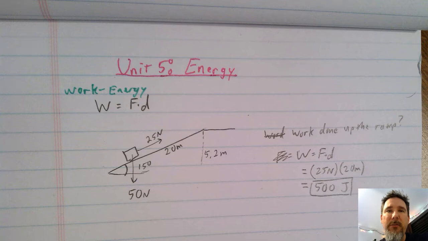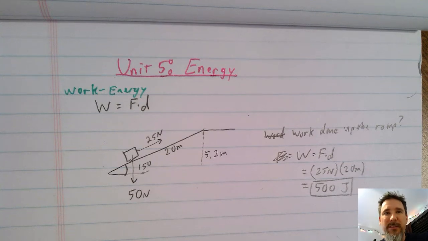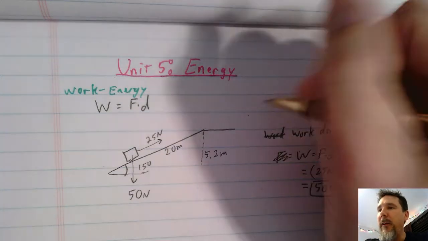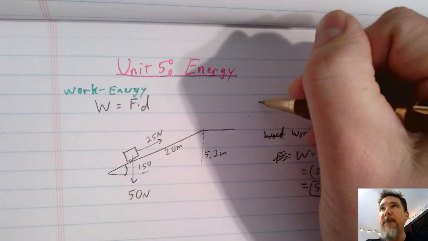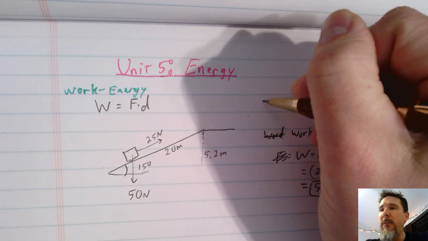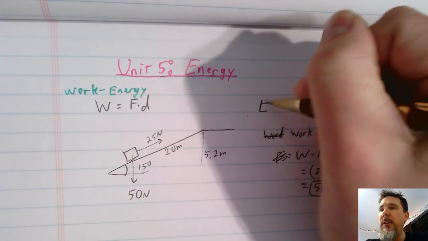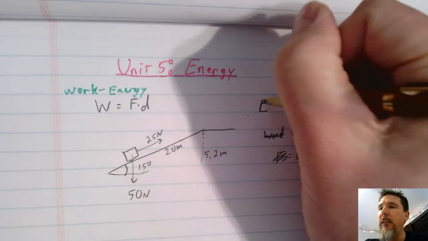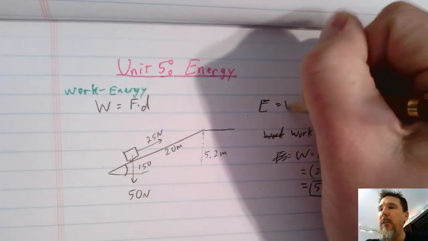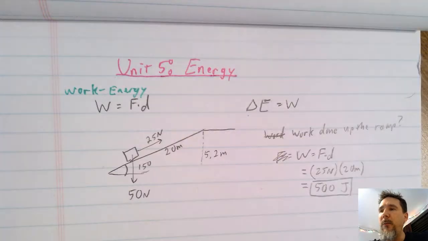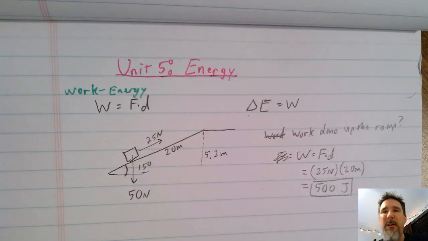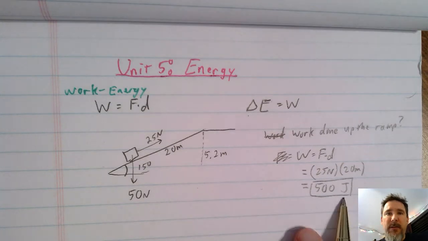Joules is the unit of work and the unit of energy. It's the same thing. I should clarify that work is going to change the amount of energy, either the amount of kinetic energy something has or the amount of energy that's stored. So it's the same unit.